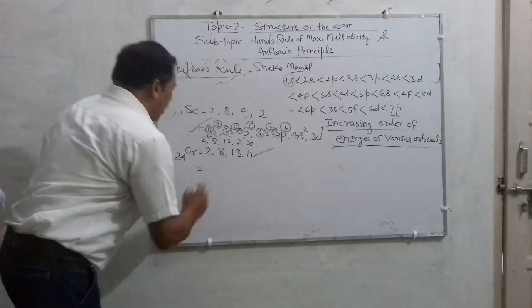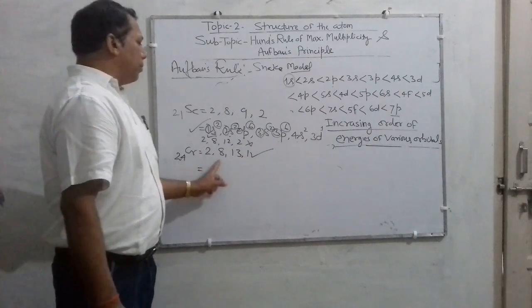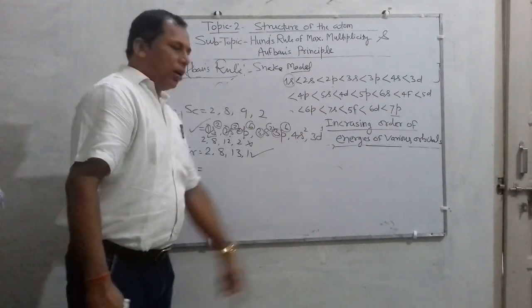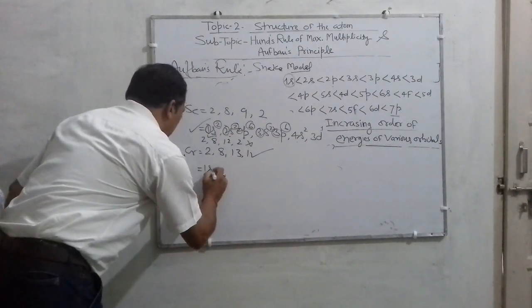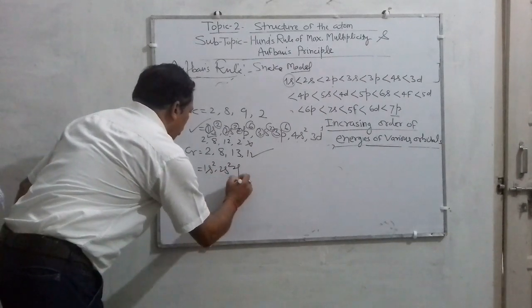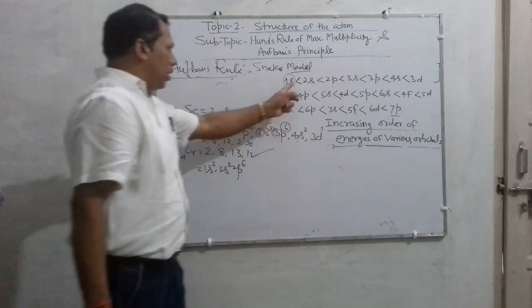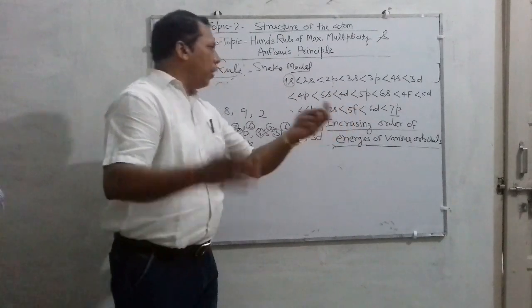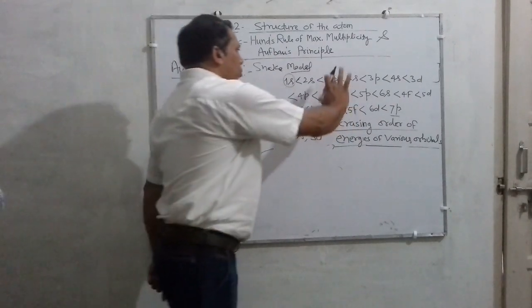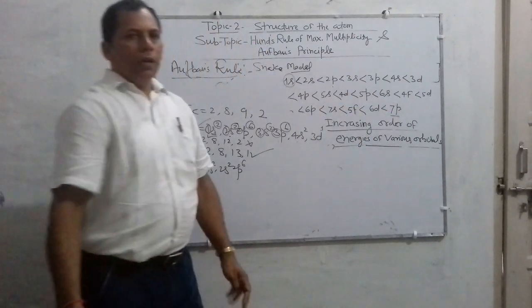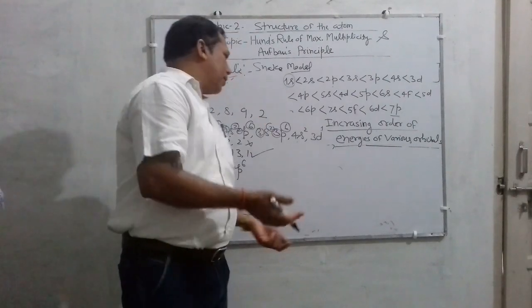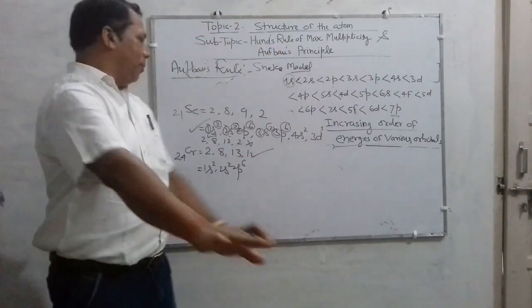So we have to write the electronic configuration of this element in such an order: 1s2, 2s2, 2p6. Follow the order. In the same way, children, don't take any tension. If you know this order, you are in a position to write the electronic configuration of any element.